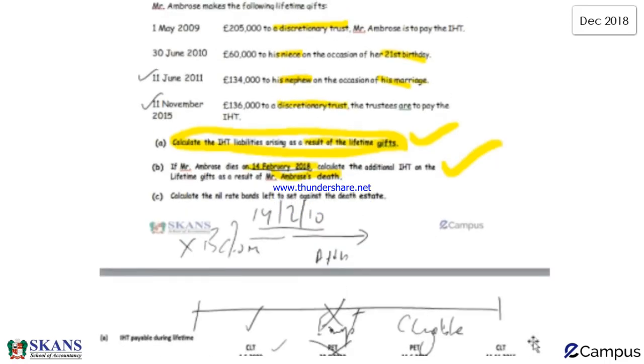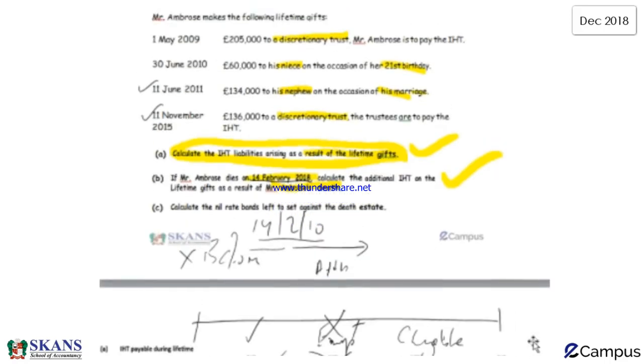Now, let's have a look at the third requirement of the same question. That is all, by the way, about lifetime calculations on lifetime transfers and death calculations on lifetime transfers, and now we should be discussing how to apply the nil rate band on the death estate.